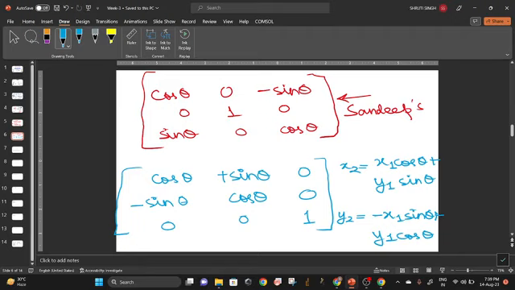So you are telling that here it should be x1 cos theta plus z1. Now x2 will be replaced by z. Y2 will be replaced by z? No, not y2, ma'am.